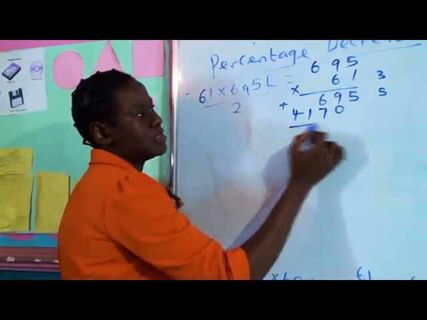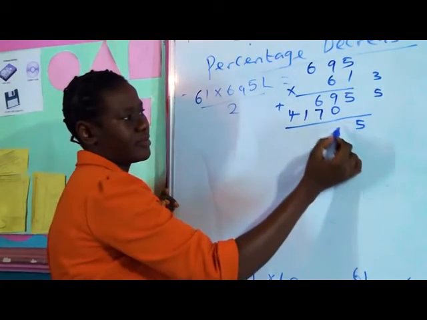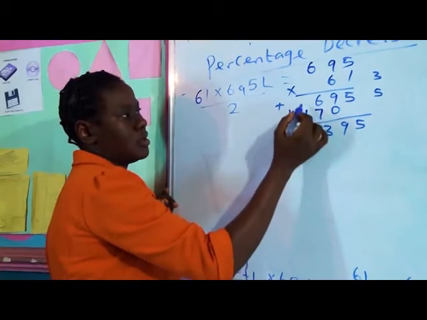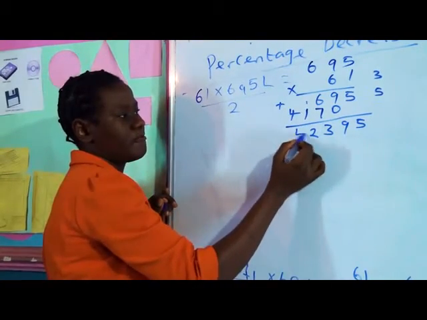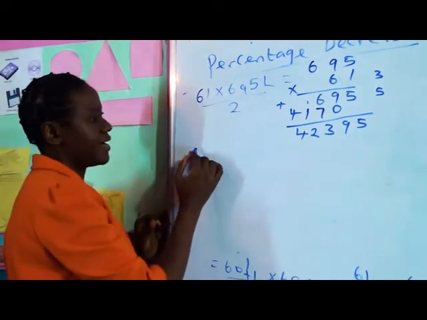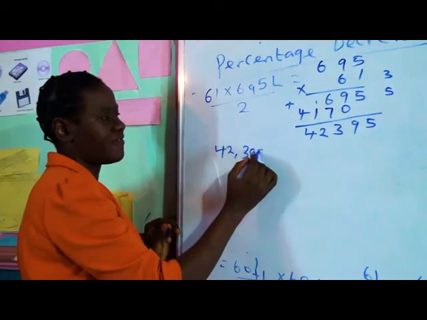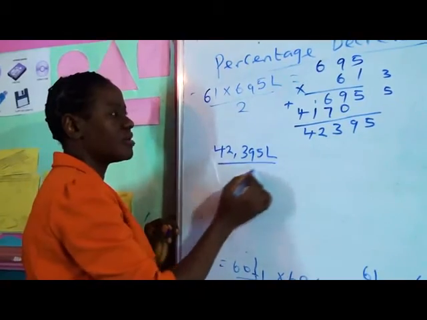I add up this. 5, 9, 6 plus 7, 13. Leave 1, 2, 4. So I have 42,395 liters all over 2.